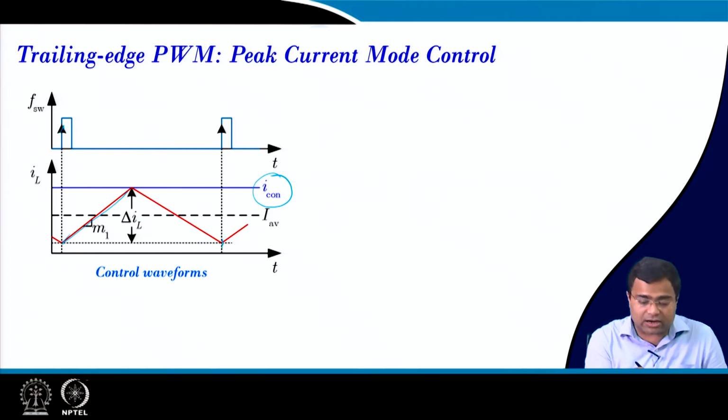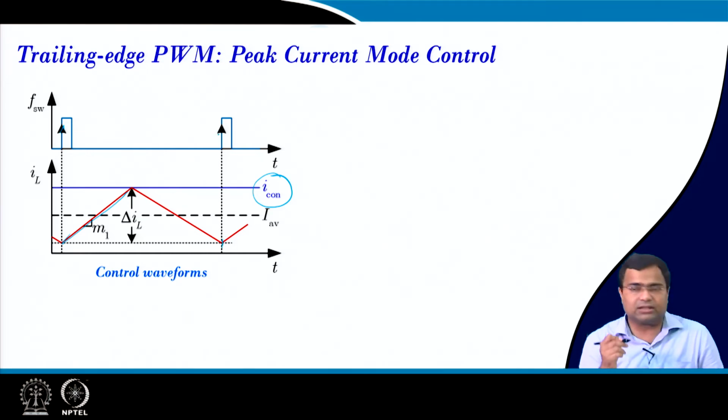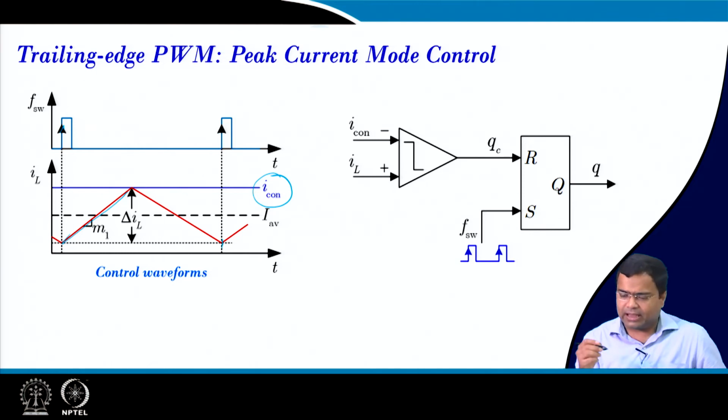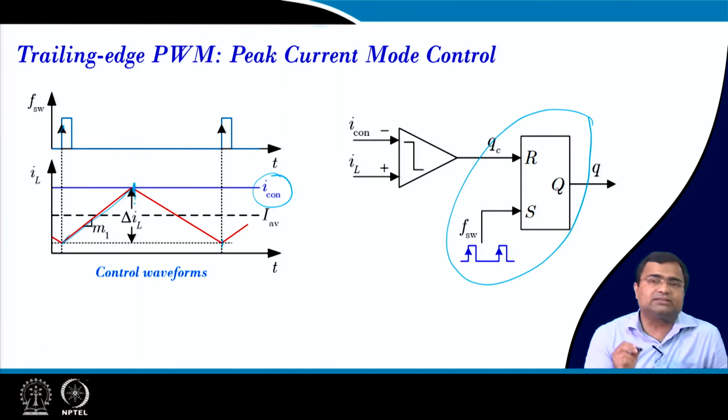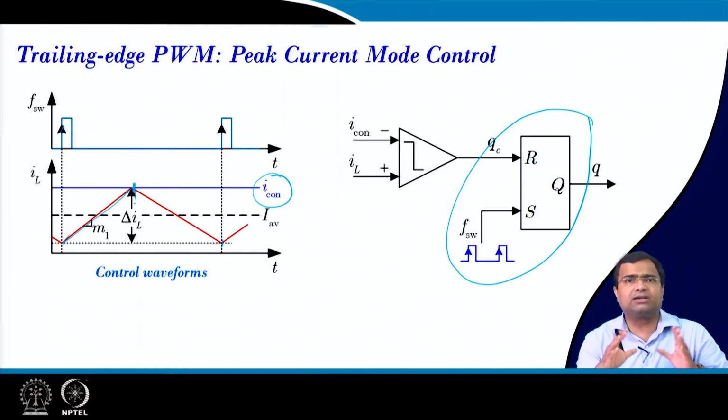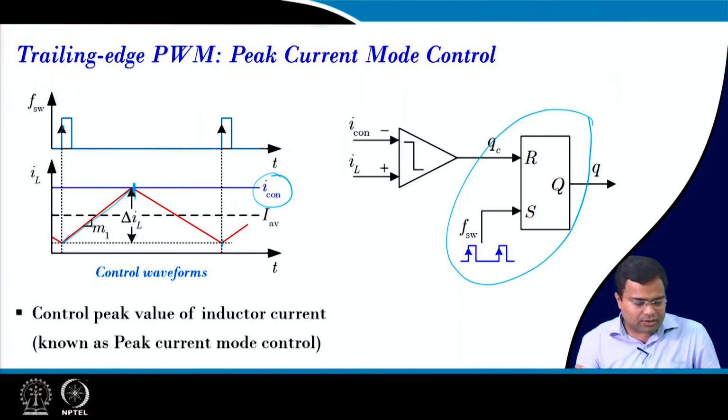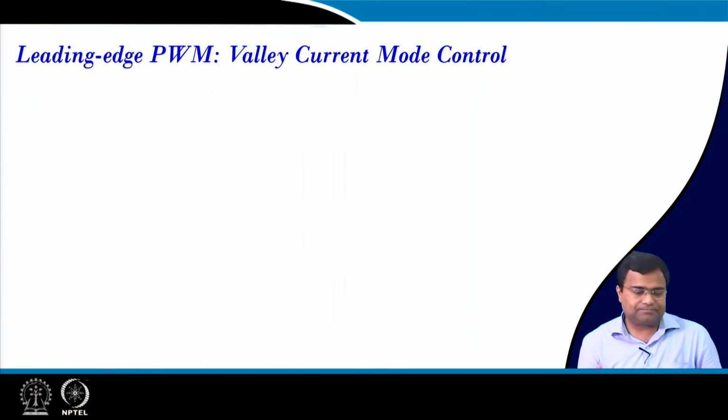It will again turn on at the rising edge of the clock, and this is trailing edge modulation. Again we need to use a latch circuit, because if there is current sensing noise, this will protect against multiple switching. So, it will just turn off and remain off throughout the rest of the interval. So, we are controlling the peak value of the inductor current.